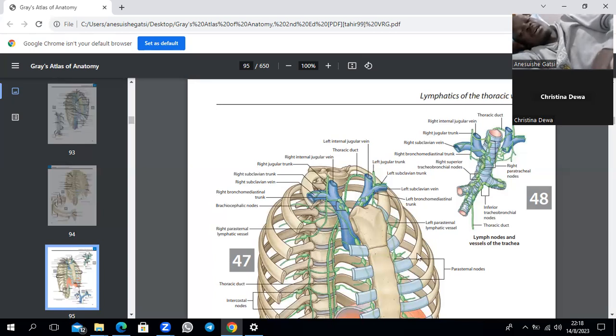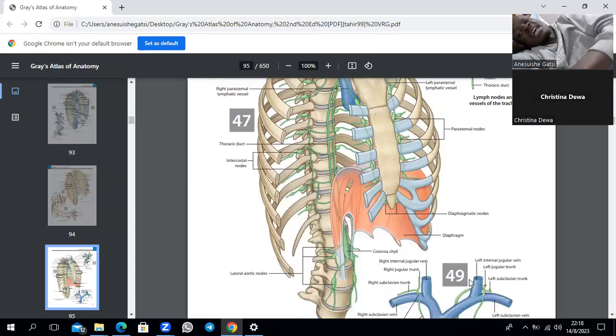Right? And these lymphatic vessels ultimately drain to the veins because lymph is merely excess tissue fluid that you should take back to the veins after you use your lymph nodes to purify it. Right? Then that thoracic duct starts in the abdomen from something called the cisterna chyli.